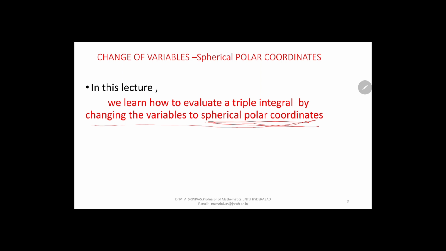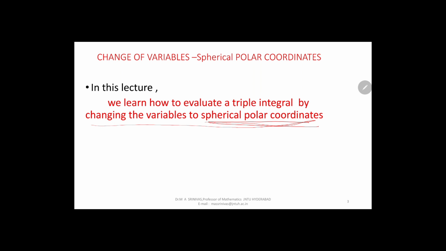Take that point P, and take the projection of P on the xy plane. Let it be Q. OQ is r, and that OQ makes an angle theta with the x-axis. The polar coordinates in a plane and the z coordinate from the Cartesian system, those two put together give the cylindrical polar coordinates. We discussed that in the previous lecture.